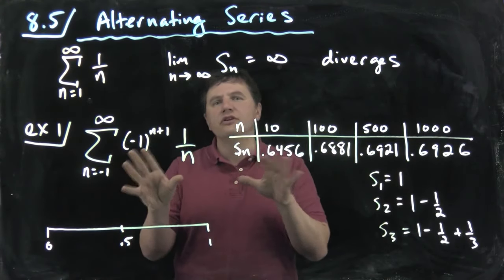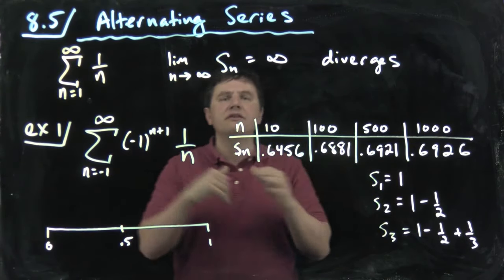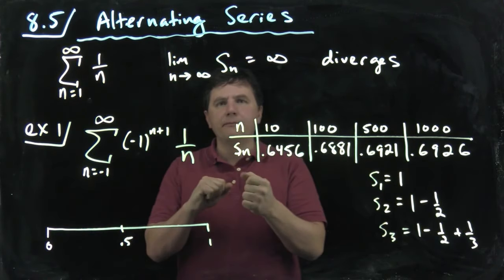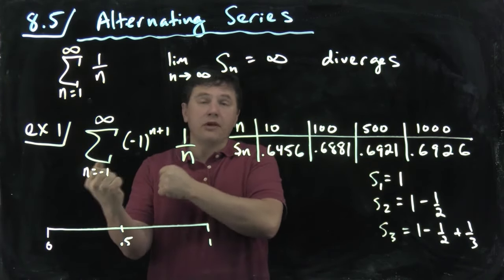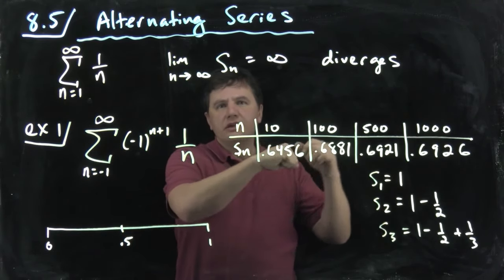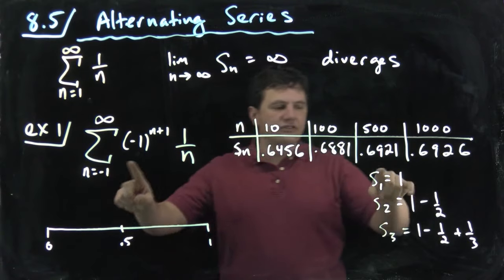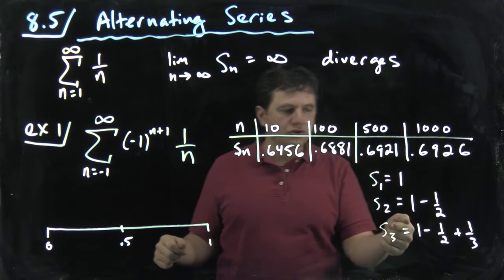So far the series that we dealt with were always positive. Alternating series have the effect that the first term is positive or negative, the next term is the opposite, and so on and so forth. So for instance, in this case, I wrote out the first few partial sums.